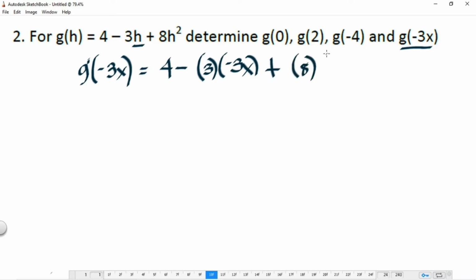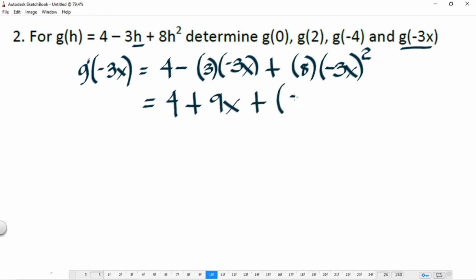H will be negative 3x, and don't forget the exponent 2. For this term, let's just copy. This is 4, and negative 3 times negative 3x is equal to positive 9x, plus 8.